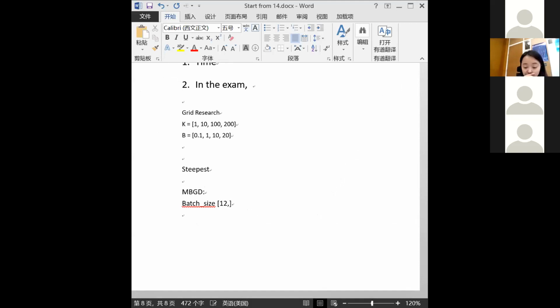For example, we can assign the value of batch size as 16, 32, or 64, or 128, and so on. So that is batch size. So if batch size equals 16, that means every time we will use 16 samples to update the weight and bias.